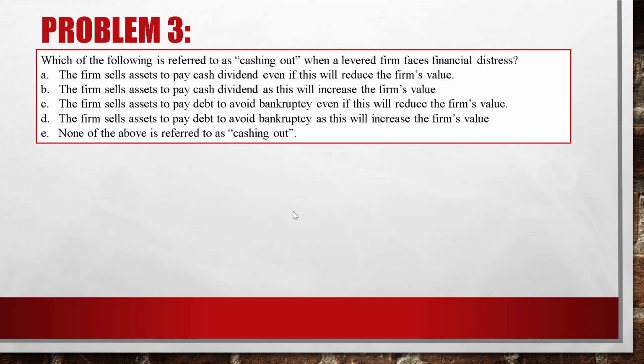So let's say you are the manager and your firm is facing bankruptcy. Of course you're not going to try to save the company in general. Usually you will sell the asset to pay cash dividend, and basically you pay the dividend to yourself and leave the cost on the debt holders, and the shareholders don't get anything.